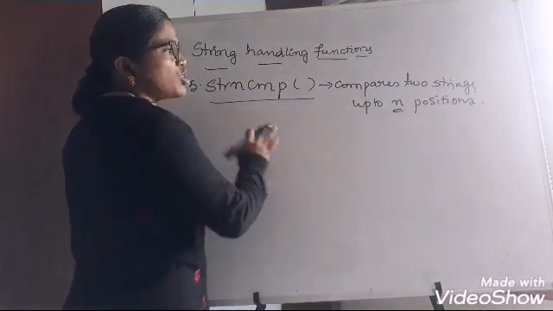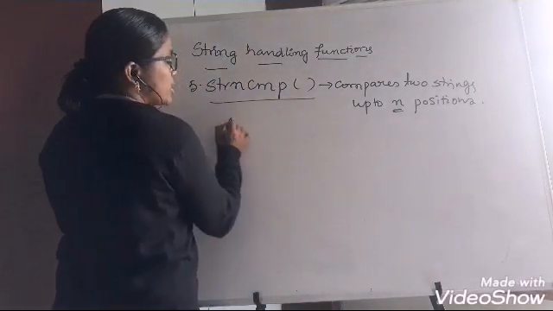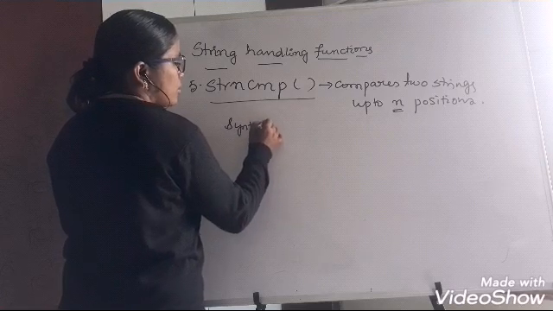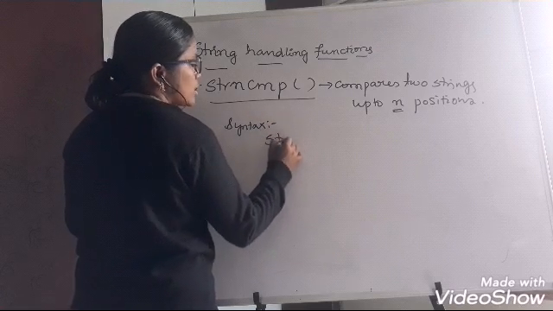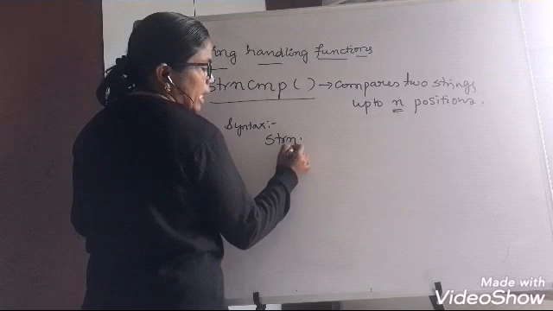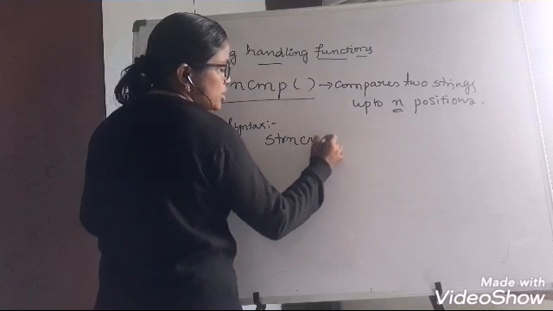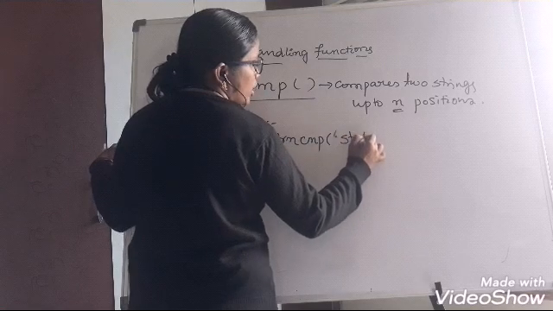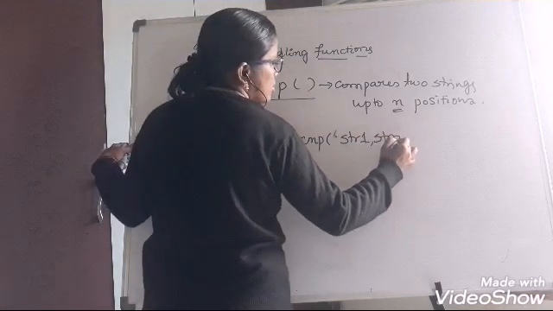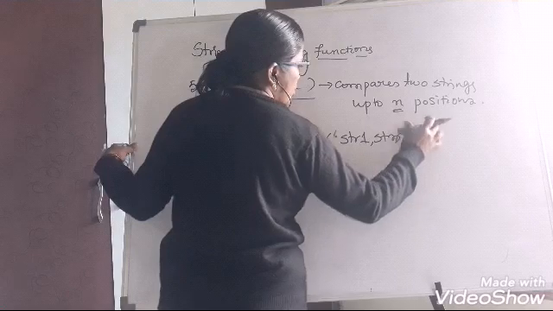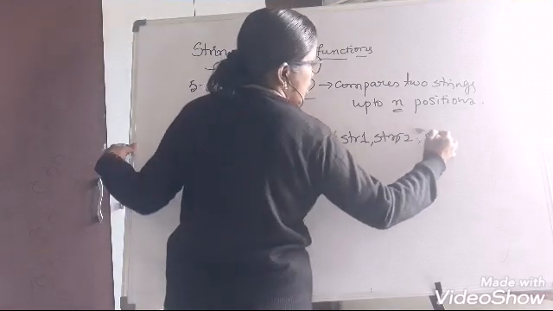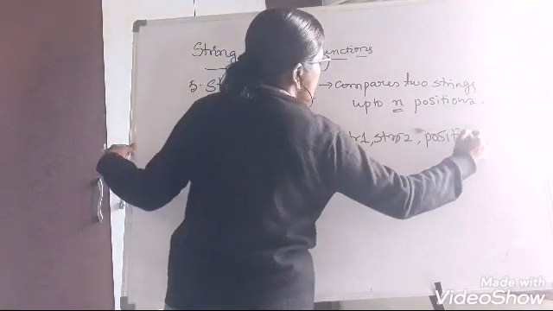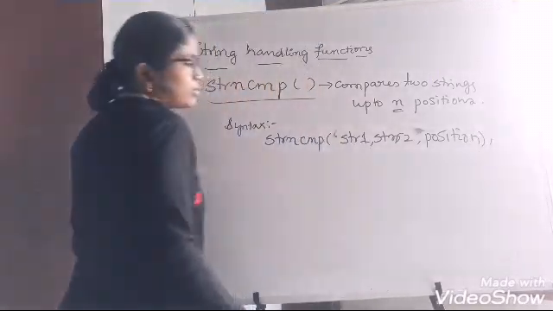Right? Up to n positions only it will compare. So the syntax for this, string n compare, n indicates the position: string 1 comma string 2 comma position. So we will say the position.